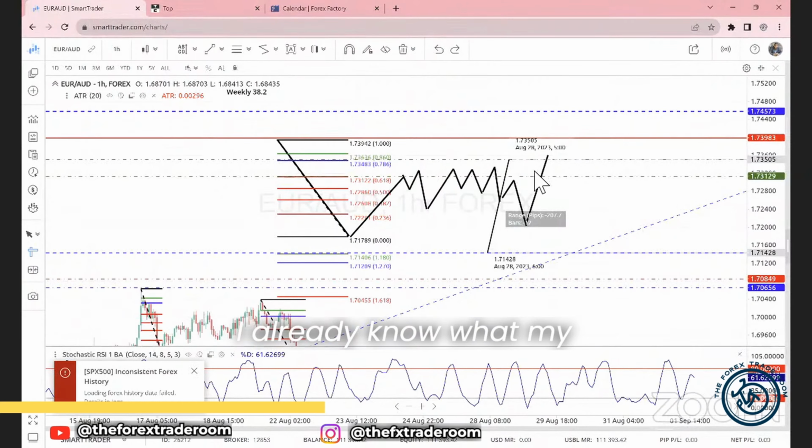I already know what my loss is going to be before I take the trade. If I've got these orders split at 0.5%, then I know based on my calculation. Why? Because we divide our risk percentage by our stop loss.